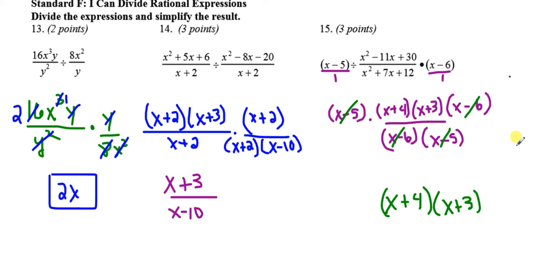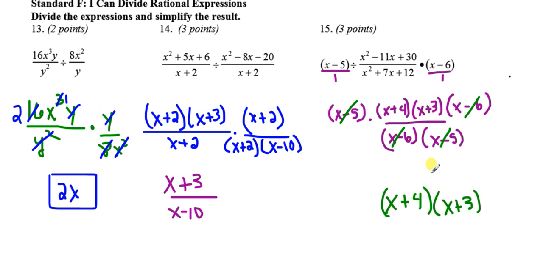And there's actually a lot of terms here. They would never do this on a test, but any number that won't work for this would be anything that makes the denominator equal to 0. So x equals 6 or 5 will make it so you're dividing by 0. But also, just within this term right here, you can't divide by 0, so it can't be negative 4 or negative 3.